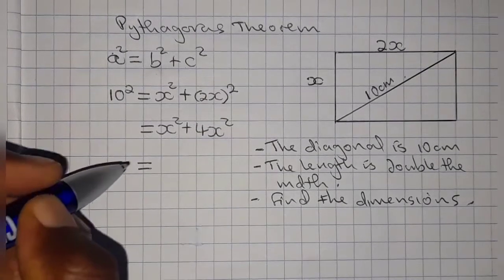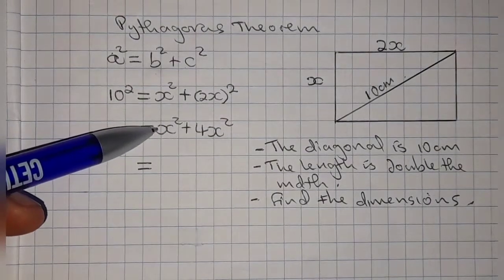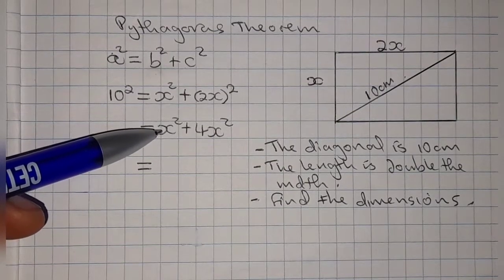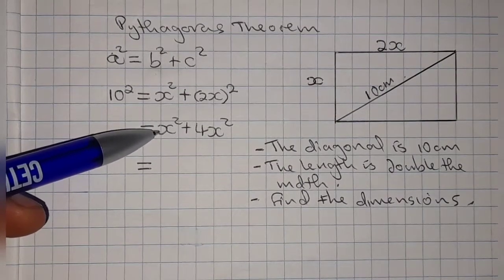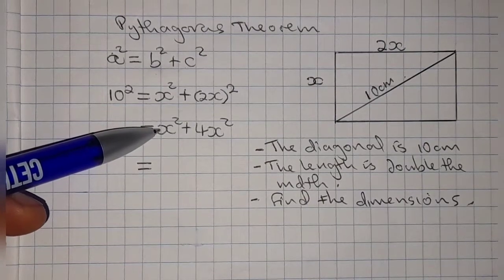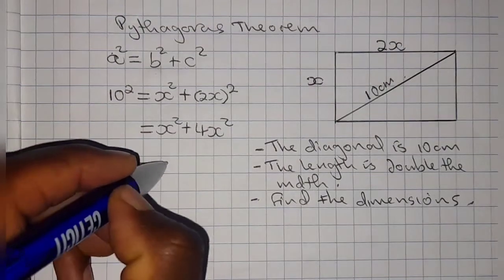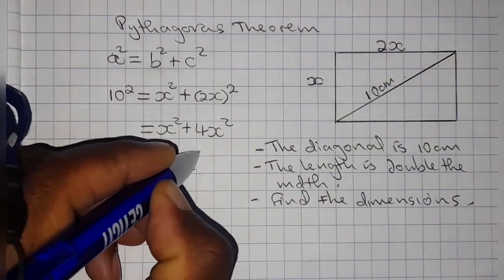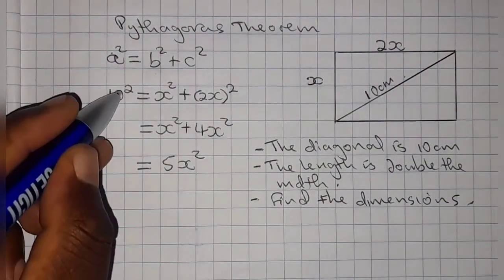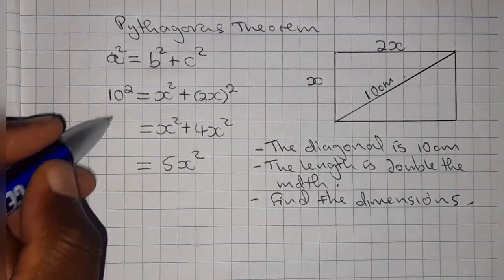I want you to remember that x squared has a coefficient, and the coefficient is 1. Even if we do not write it, we know it is there.